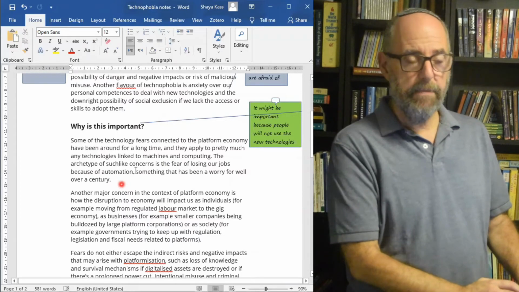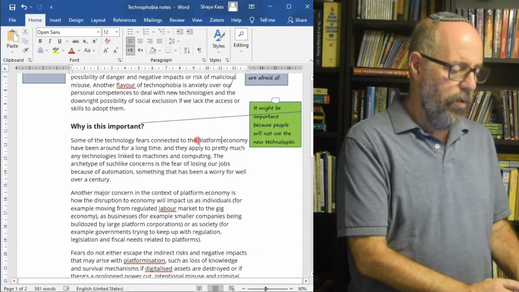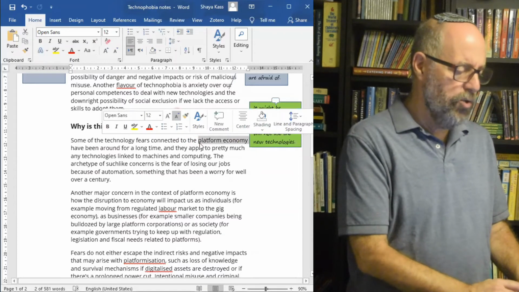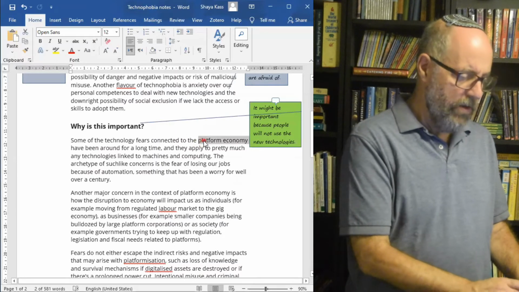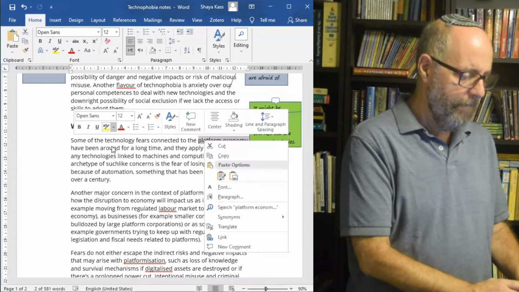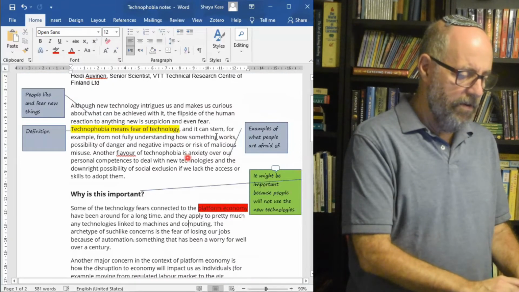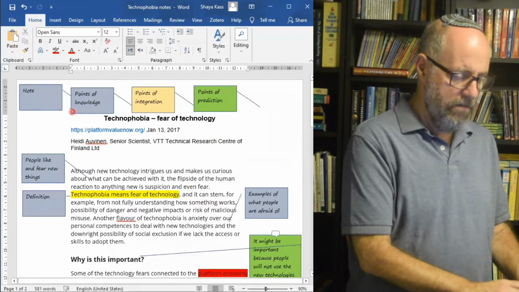So if I look back at this paragraph, I don't know what this word platform economy means. I'm going to have to make sure to understand that. So I'm going to highlight it for myself, and I'm going to write myself another note.